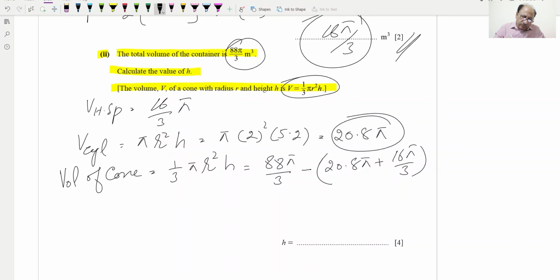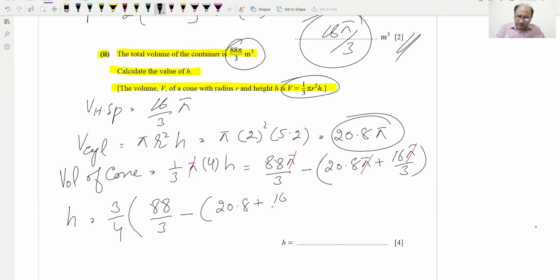So r squared we can replace by 2 squared, so it will be 4, we can put in brackets. So 4 by 3 pi we can shift, and all the pi we can cancel, and we can write h will be equal to 3 by 4, we have shifted it to the other side, into 88 by 3, minus in brackets 20.8 plus 16 by 3.